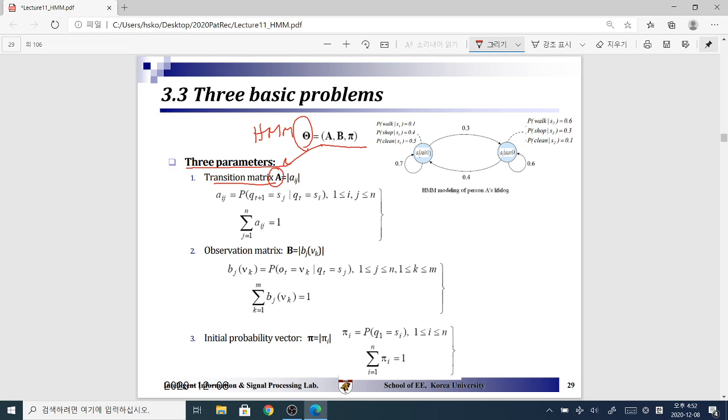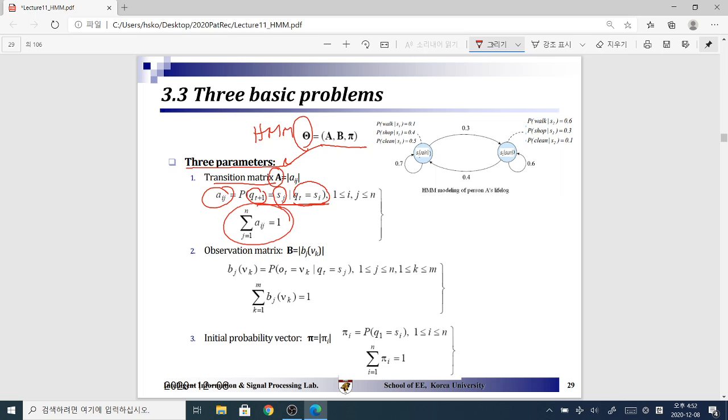So A would be the transition matrix, meaning that it would be denoted by A sub ij, which means that it's the conditional probability of the state at t plus 1 being state s sub j, given that the previous time state is s sub i.